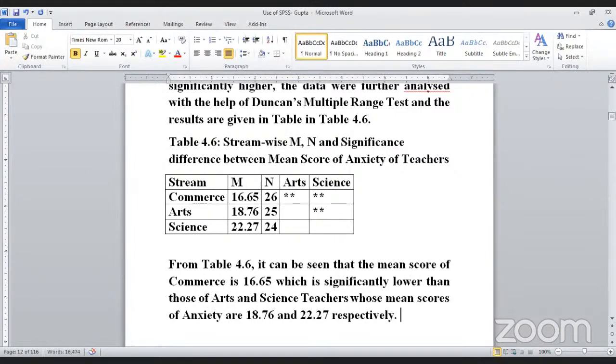Now I need not write the level of significance here again, because I have already written the level of significance for the S. You do not have to write it here.